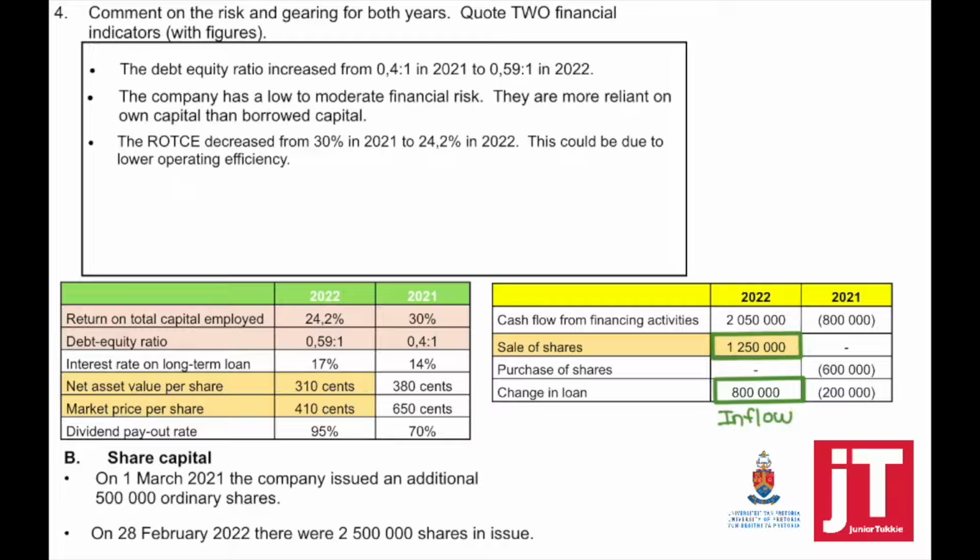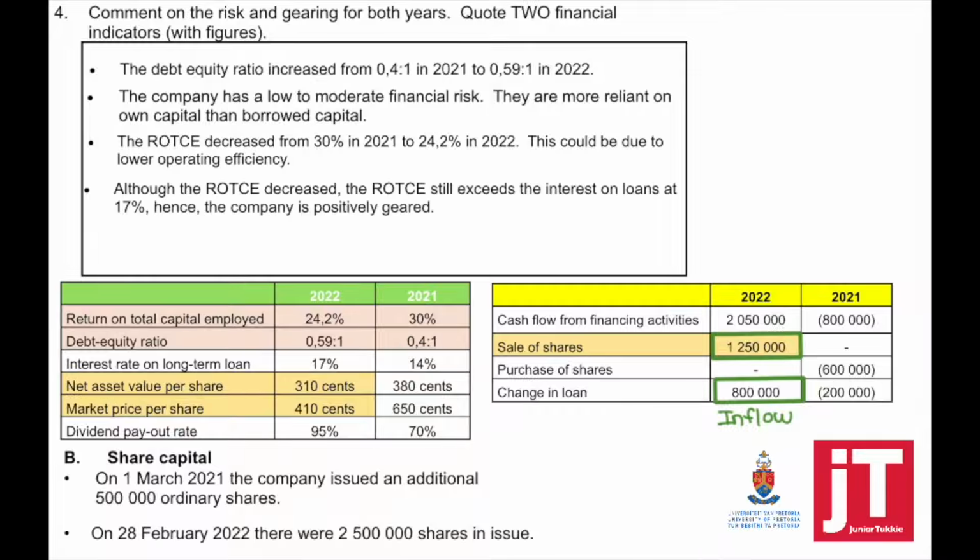But now this is always compared to the interest rate on loan to see if we are positively geared or negatively geared. So when we compare the return on total capital employed, it still exceeds the interest on loan of 17%.